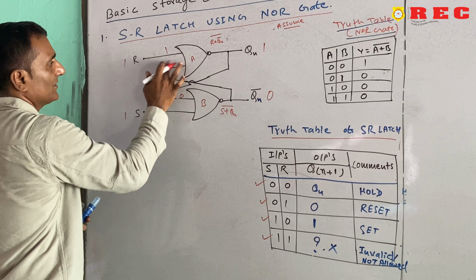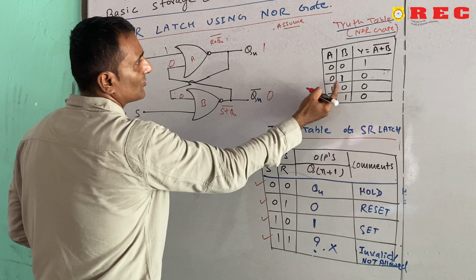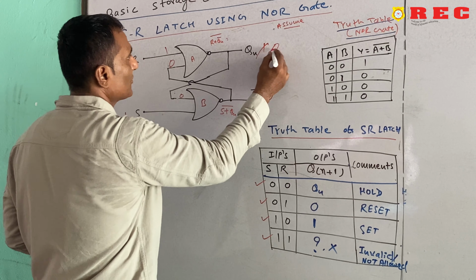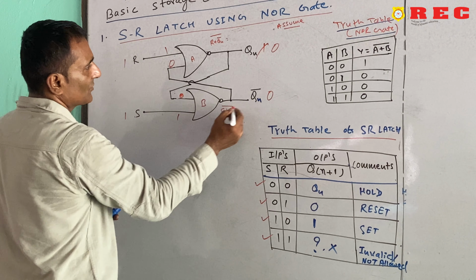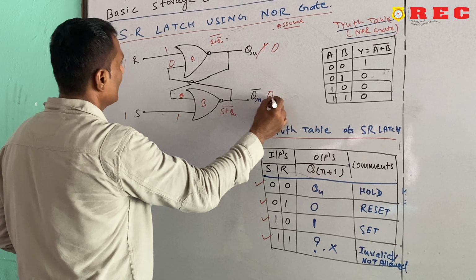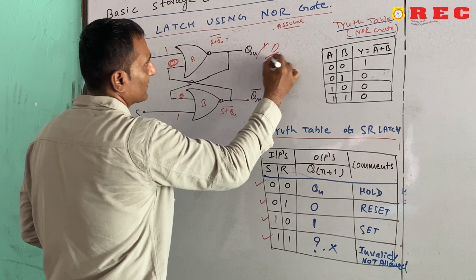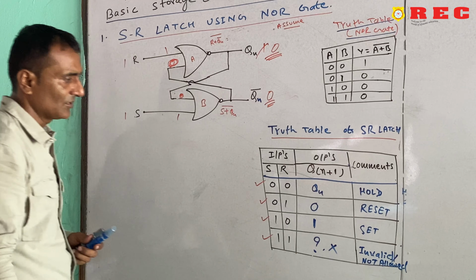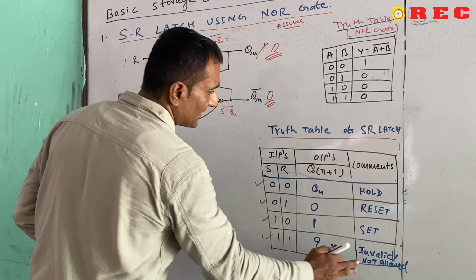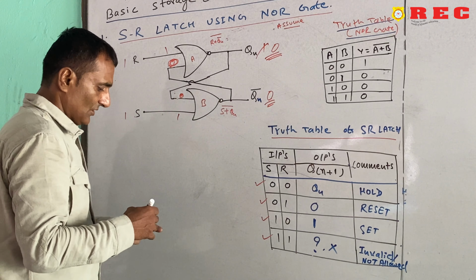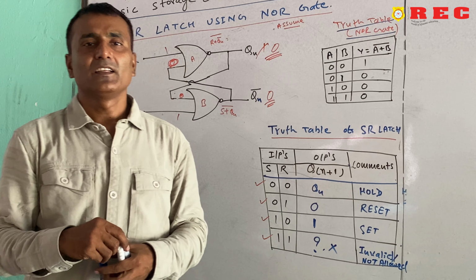So this is 1, this 0 will come here, 0 into 1 equal to 0, this is replaced by 0, this 0 will come here, this is 1, 0, this is again 0, this 0 will come here, 1, 0, 0. So again this is going to be 0. So such a condition is an invalid condition. So I think you have understood very well.